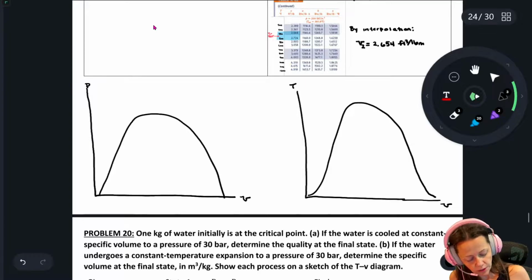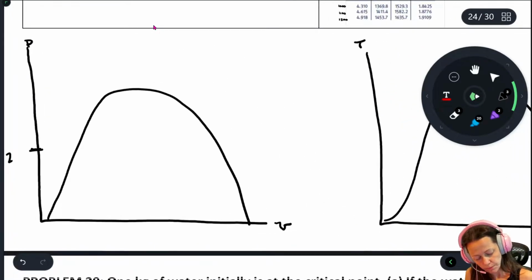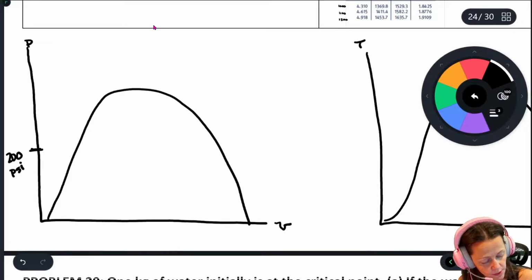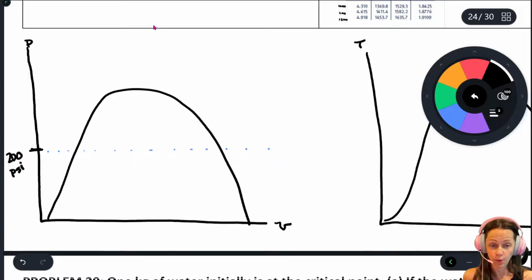All right, so clearly everything's taking place at 200 psi, and it's a constant pressure process, so I'm going to draw a constant pressure dotted line just so I know where I'm going.